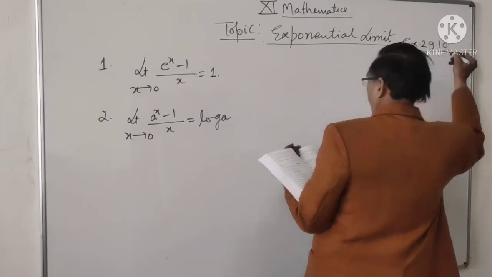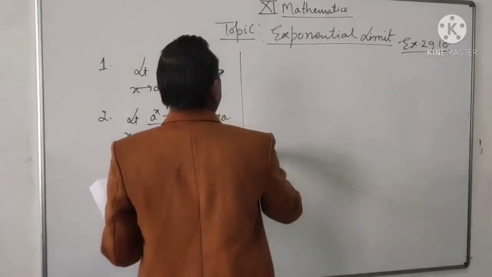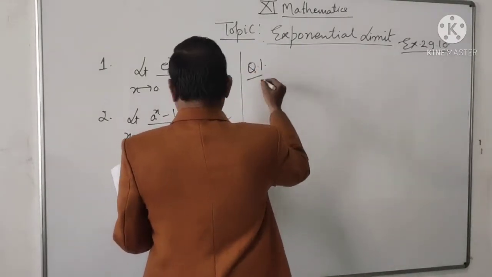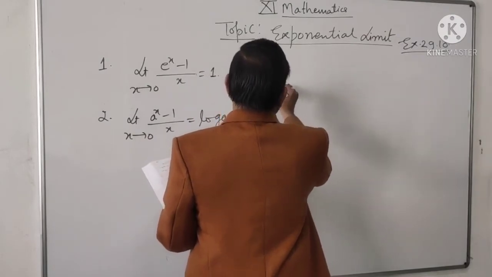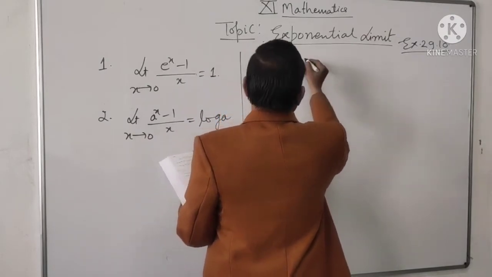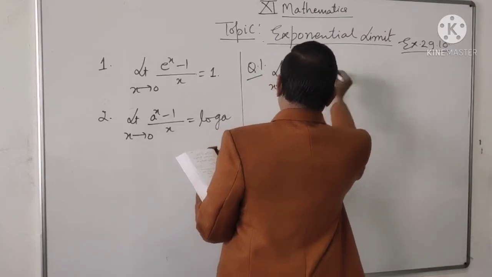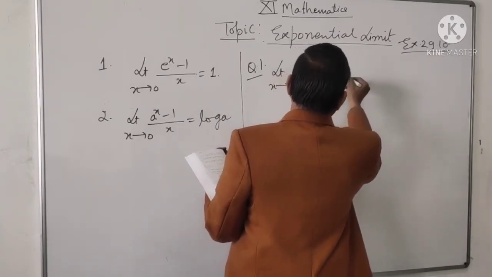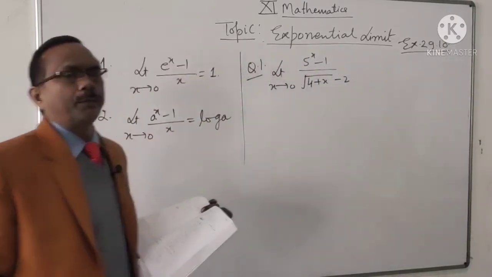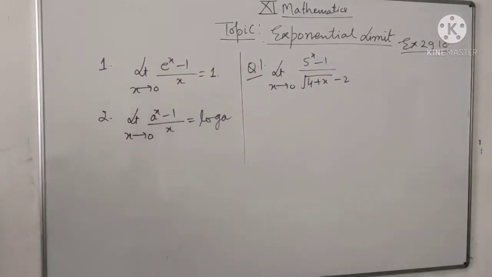From RD, question number 1. Solve the limit x tends to 0, 5 power x minus 1 upon root 4 plus x minus 2. You have to simplify this limit.